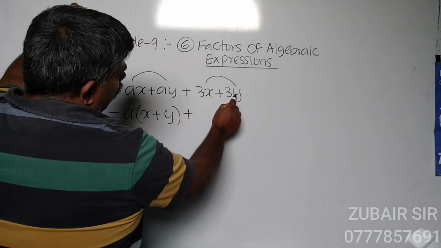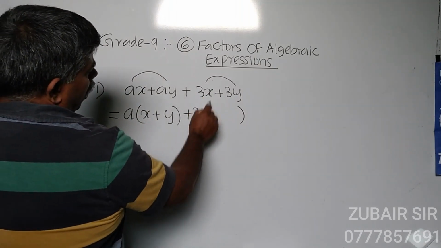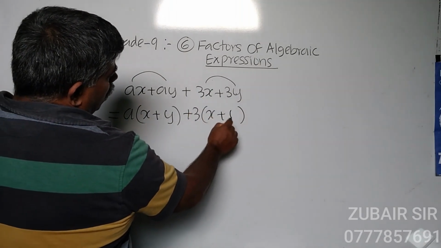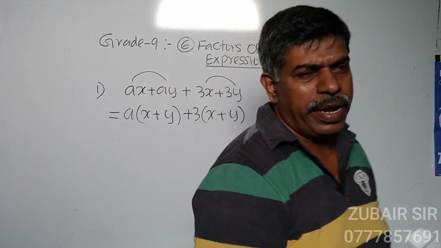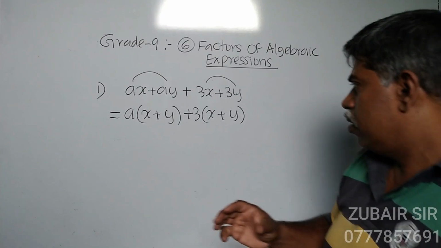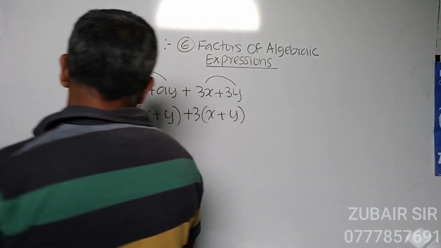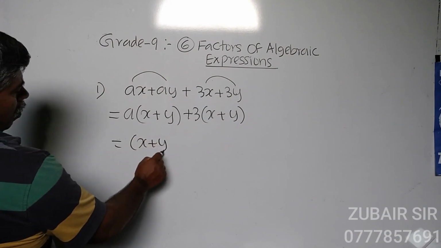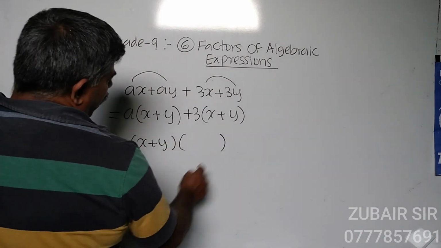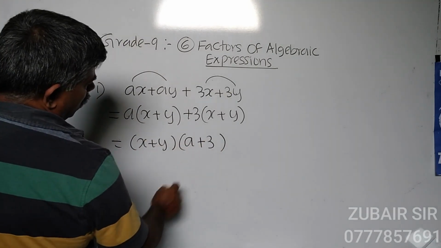When you separate the a, y remains. Here 3x and 3y. So 3 can be separated. When you separate the 3, x remains, here y remains. While separating these, you are getting the same type of bracket. See, x plus y, x plus y. Now we can separate that x plus y bracket. If you separate x plus y, here a remains, here plus 3 remains.